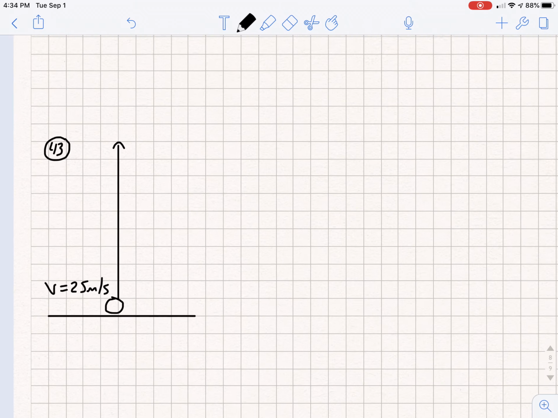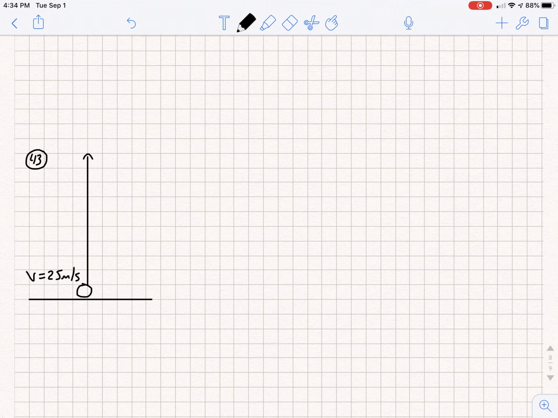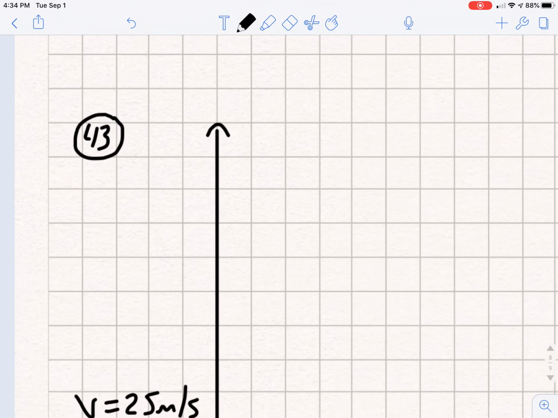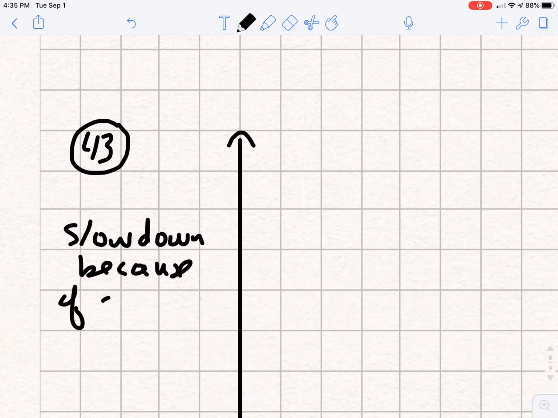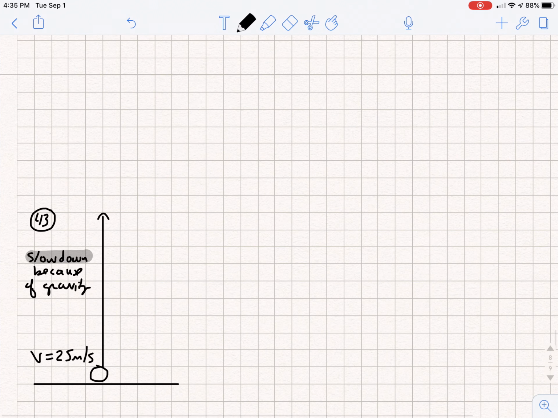So from this point, we have to take whatever information we have and identify a concept. Well, since the ball is rising through the air, the ball is going to slow down because of gravity. Since the ball is going to slow down, that means the ball is going to negatively accelerate.